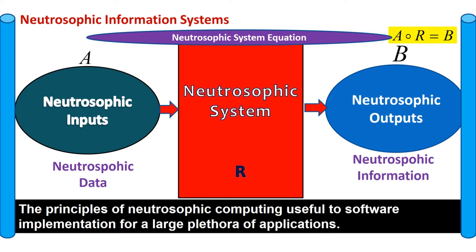Here A is the Neutrosophic inputs or Neutrosophic data, R is the Neutrosophic system, and B is the Neutrosophic outputs, the Neutrosophic information.